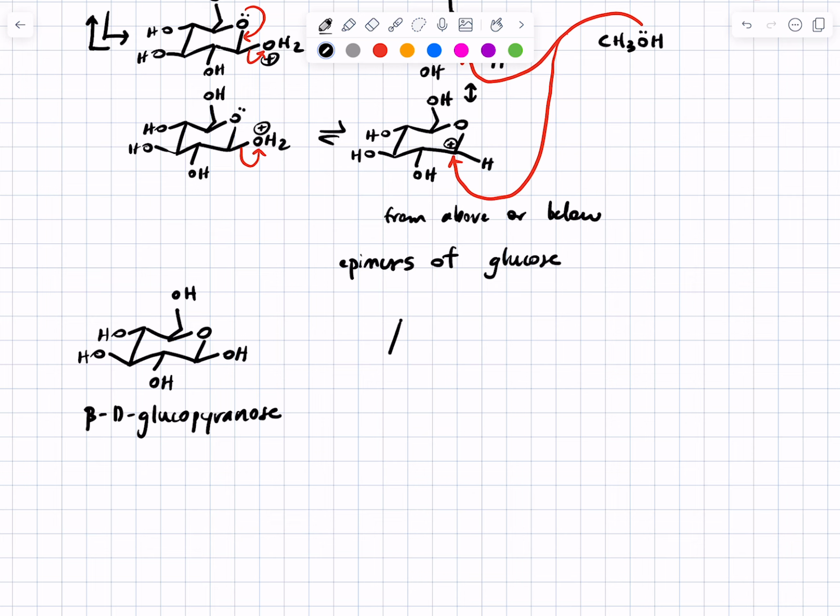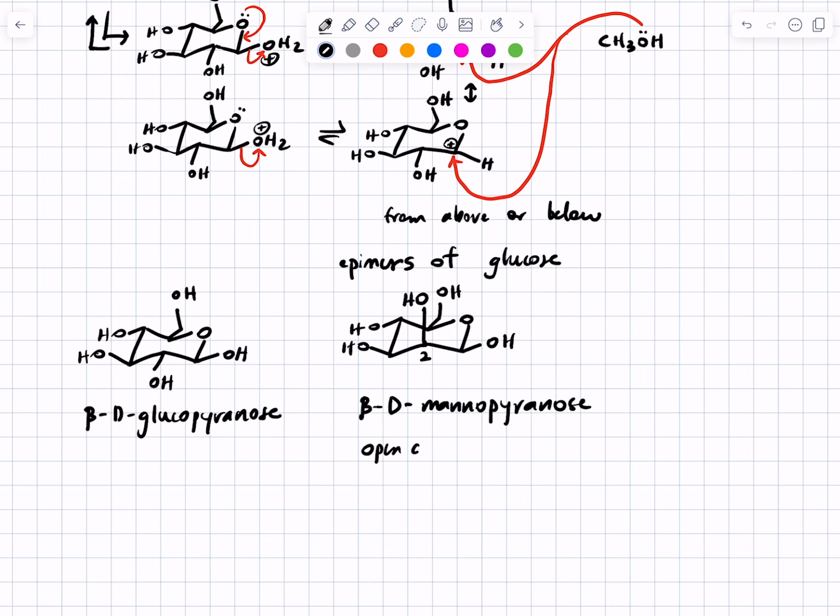So, for example, if we take the C2 hydroxyl and instead have it be up as opposed to down, the C2 hydroxyl is up, we call that beta D-mannopyranose. And the open chain form would be called D-mannose.